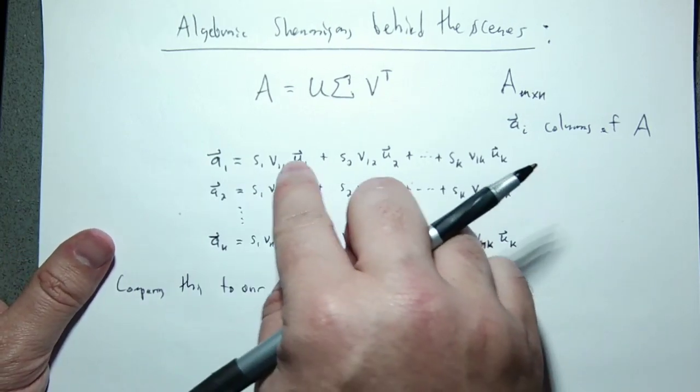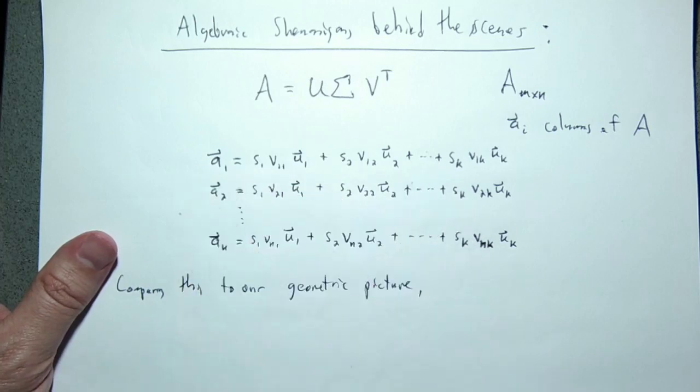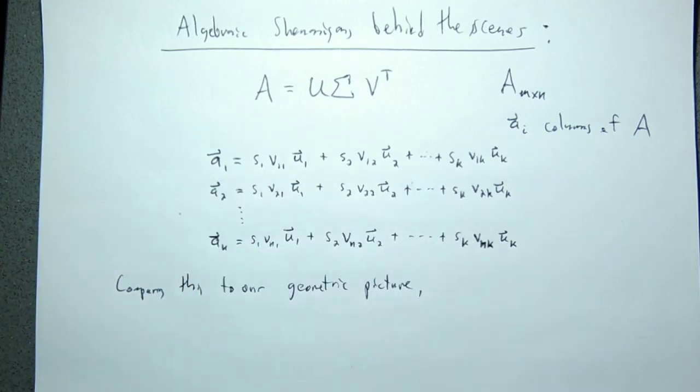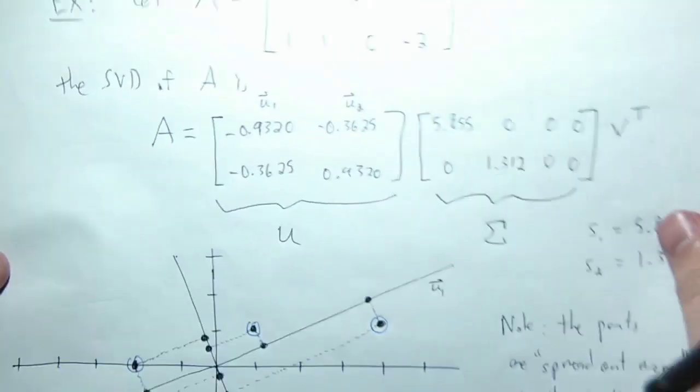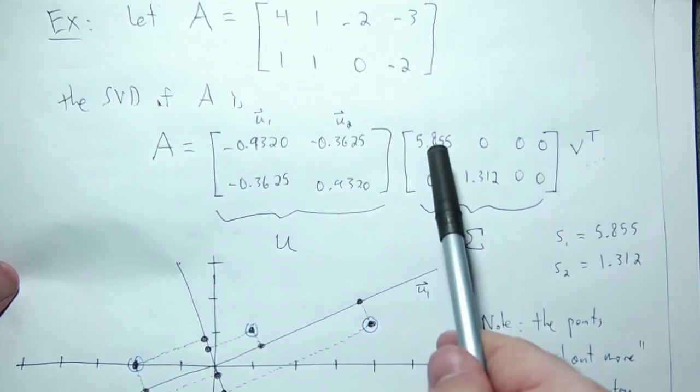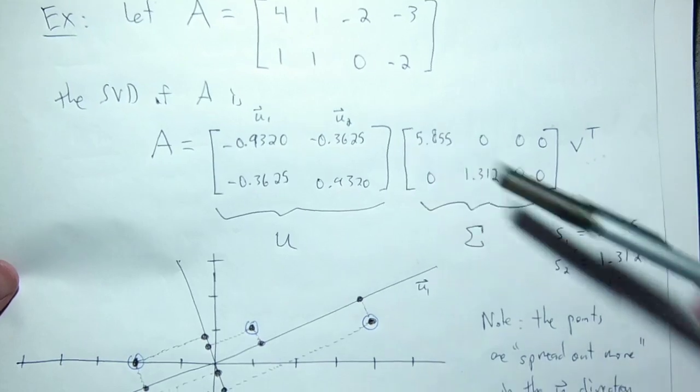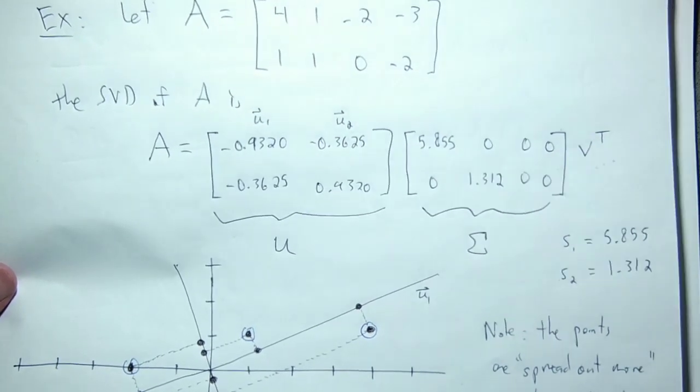Well, it's because U sub 1 is associated to singular value S sub 1, which, in the standard process, is the largest of the singular values, and the singular values are listed in decreasing order.